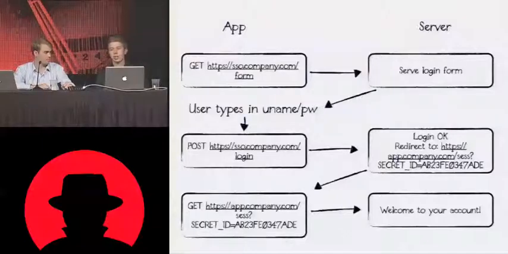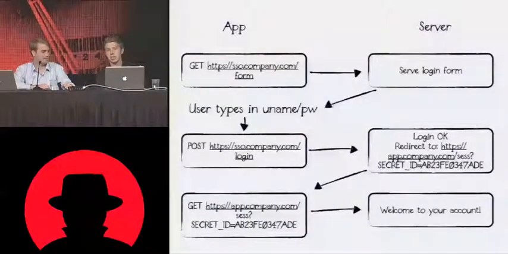The user types in their username and password. They click OK, and the app will do a post to the single sign-on system in that company. Remember, this is HTTPS, so there are no problems with SSL, right? Everything is safe, hopefully.